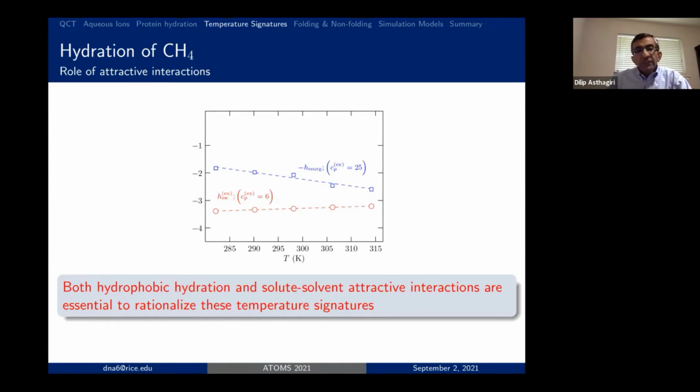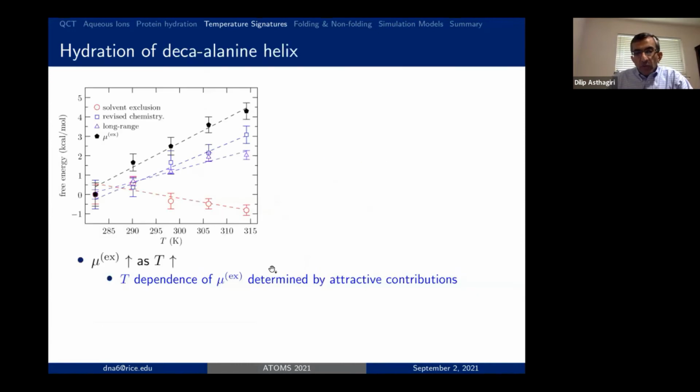So now we do this for a protein. We go ahead and look at a deca-alanine helix in our simulation. Again, these are all coming from standard free energy, standard force field calculations. That is the excess chemical potential of hydration as a function of temperature. It is increasing exactly as you saw for the hydrophobic solute methane.